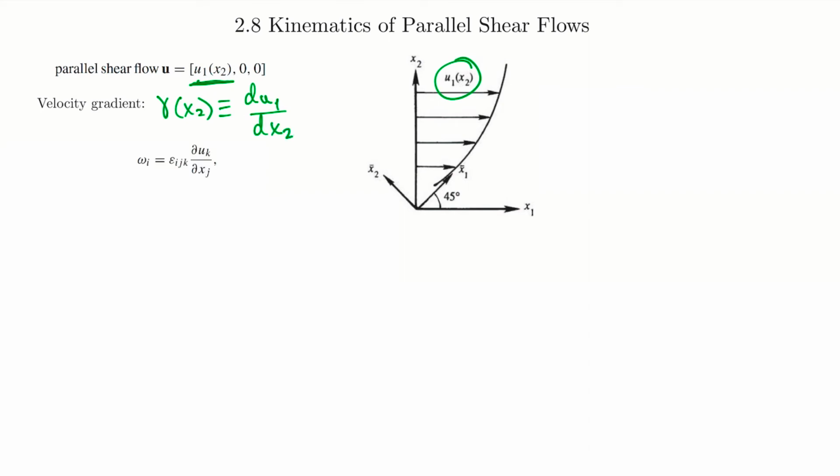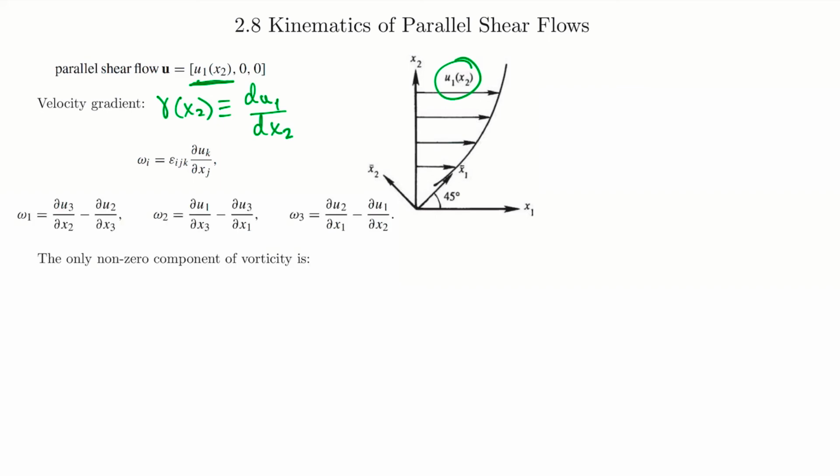Now we know from our equation above for vorticity, which I've shown here, we have three components, omega1, omega2, and omega3, and the only one that has a non-zero component is omega3, which is just the negative partial of u1 by partial of x2. So we can write that as omega3 equals negative gamma.